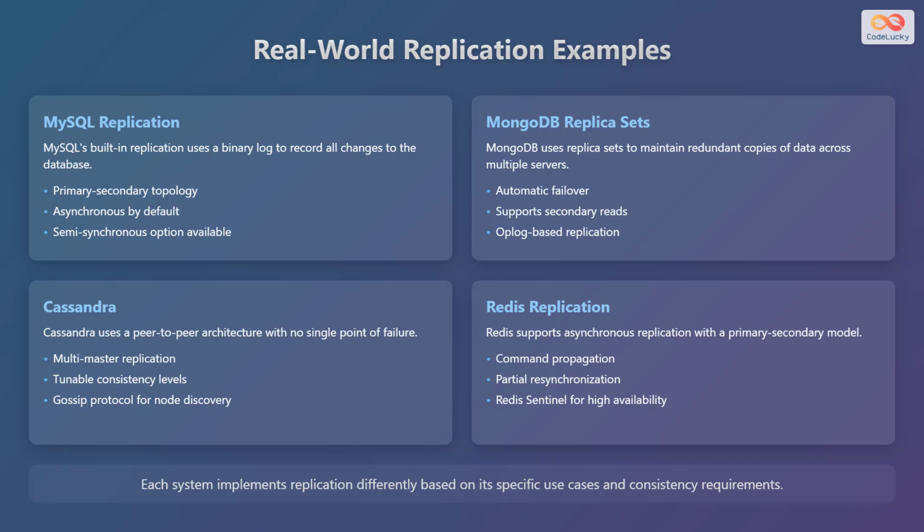Cassandra features a peer-to-peer architecture with multi-master replication and tunable consistency levels, using a gossip protocol for node discovery. Finally, Redis replication employs command propagation and partial resynchronization with asynchronous replication, and uses Redis Sentinel for high availability. Each of these systems implements replication differently based on its specific use cases and consistency requirements.